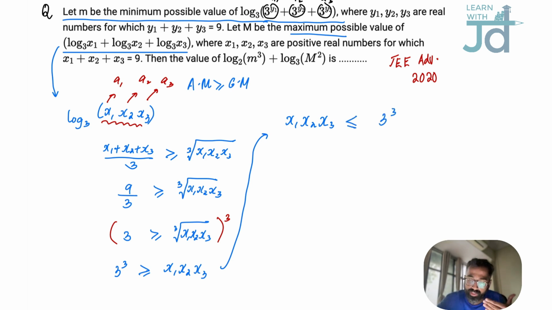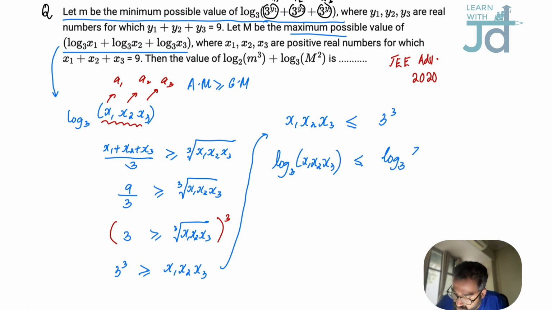Now I will apply log to the base 3, and I've shown you just now that it's an increasing function, so it's not going to change the sign of the inequality. So log to the base 3 of x1 x2 x3 is less than or equal to log of 3 cube to the base 3, and you know through logarithms this value is 3.